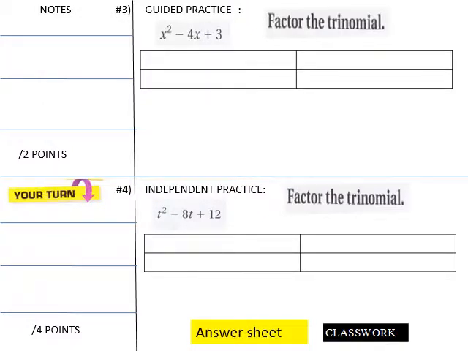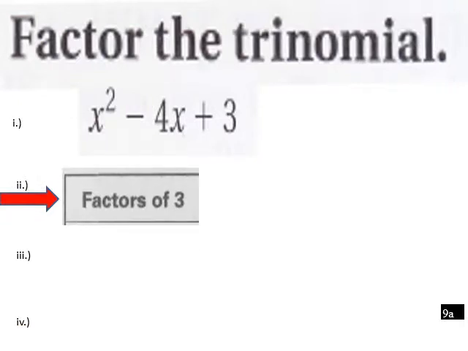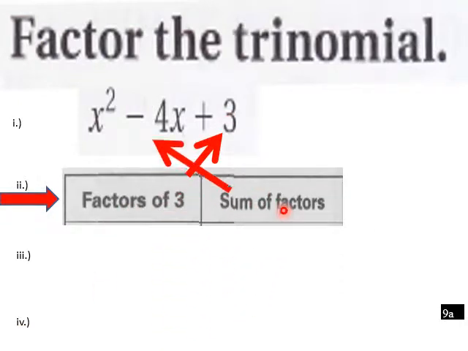Okay, guided practice: factor the trinomial. Students, this is yours here. Pay attention. So yours: factor that trinomial. Factors of 3, sum of factors are for our b, and factors of 3 are c.